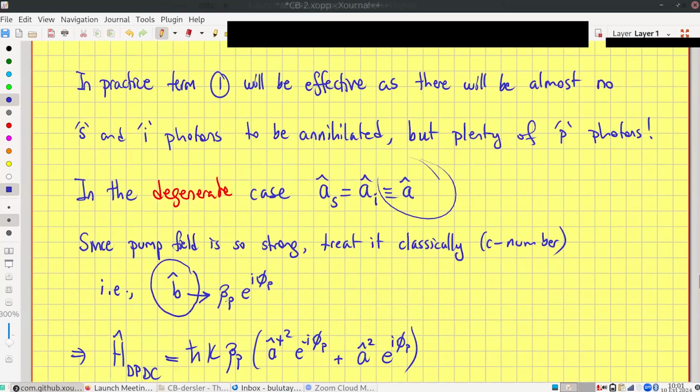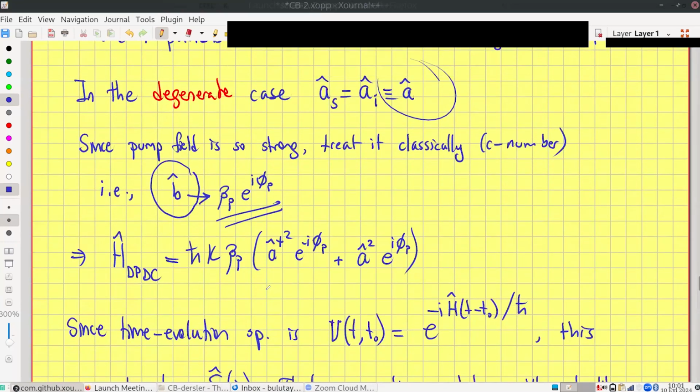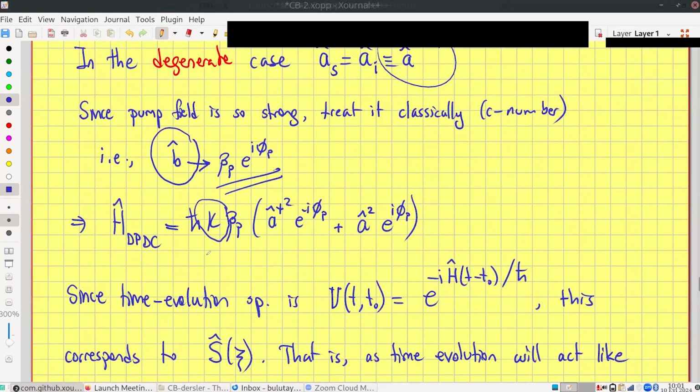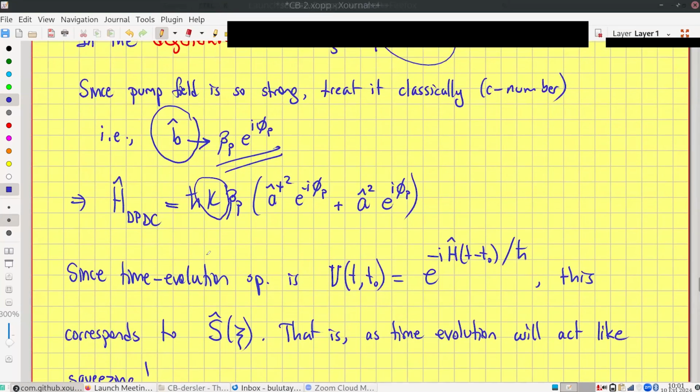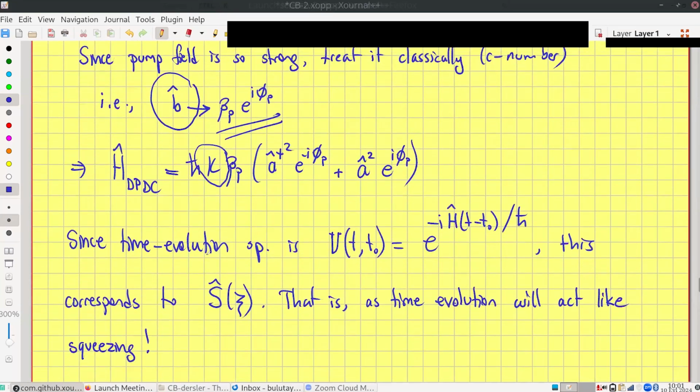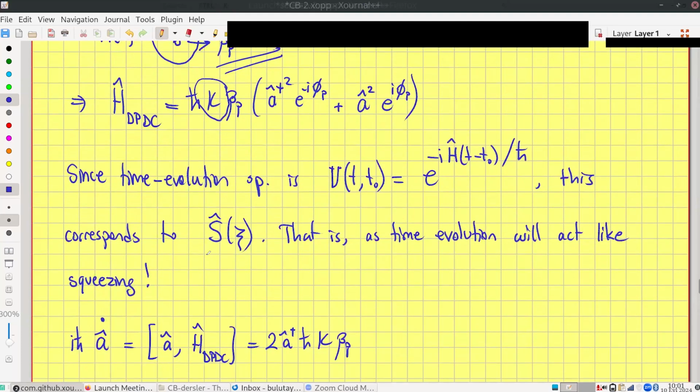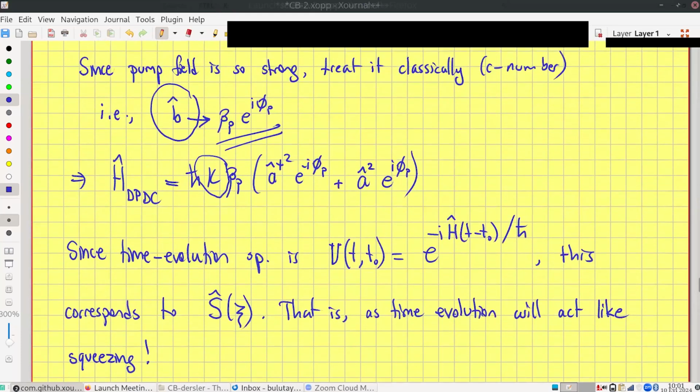There are so many, you just treat them as a classical C number. Then your Hamiltonian becomes just such a quantity. This is very important, how efficient that process is. Usually these are very weak processes, like every 10 to the power minus 5 or so. So we need very efficient versions of these processes. That's one of the important things in the engineering.